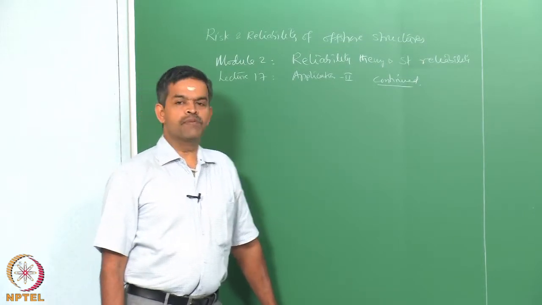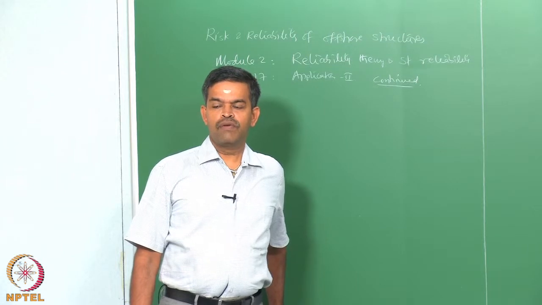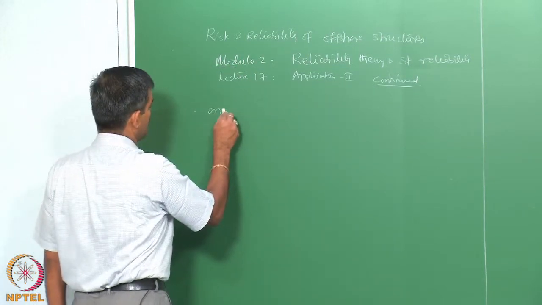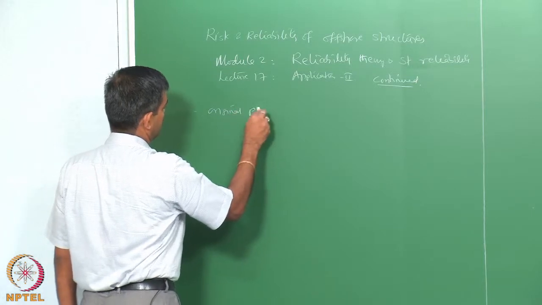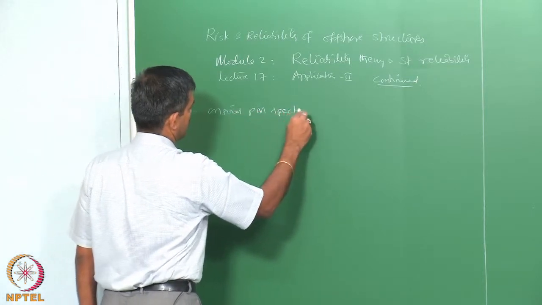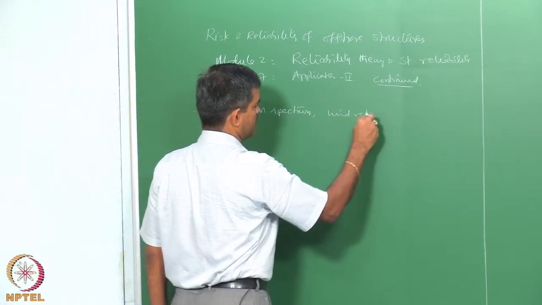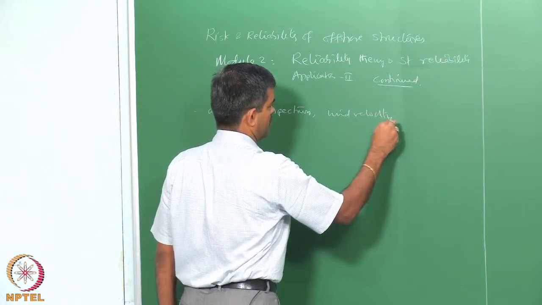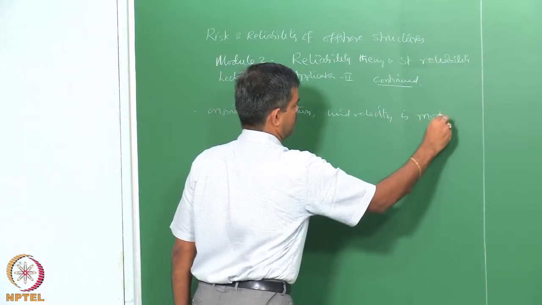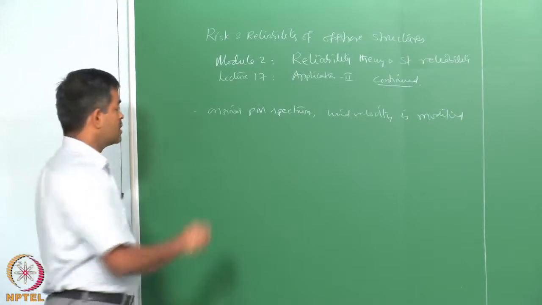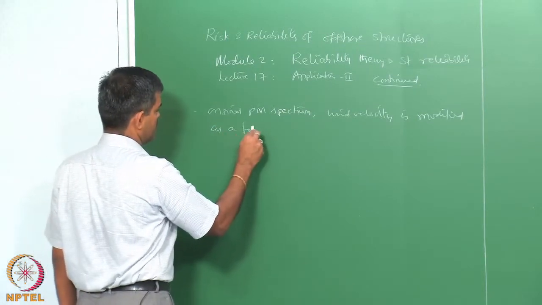So, the original Pierson-Moskowitz spectrum, which is a function of wind velocity, is modified as a function of modal frequency.